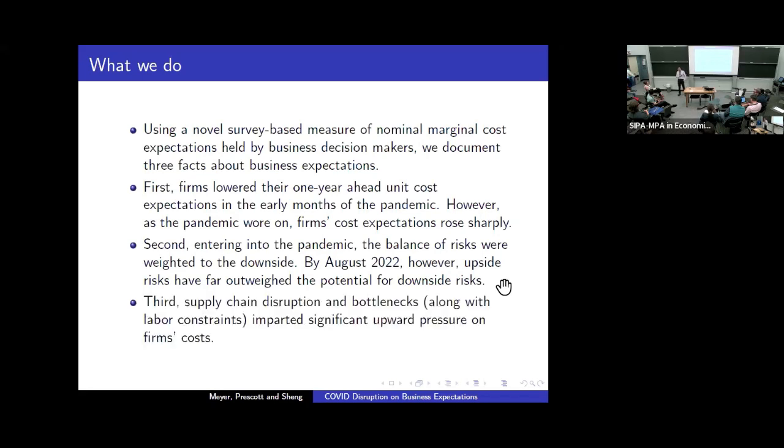Finally, connected to all of the discussion here, we look at the impact of supply chain disruptions along with labor constraints. Even after we control for all the demand factors, supply chain disruption still has a significant and positive impact on firms' unit cost expectations.